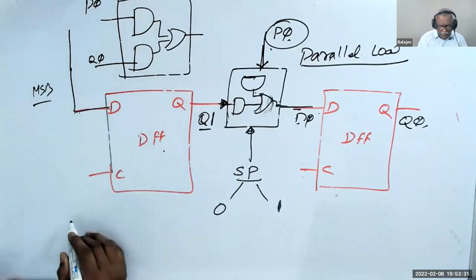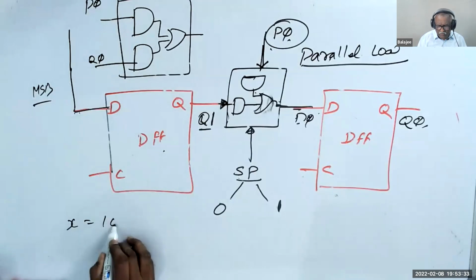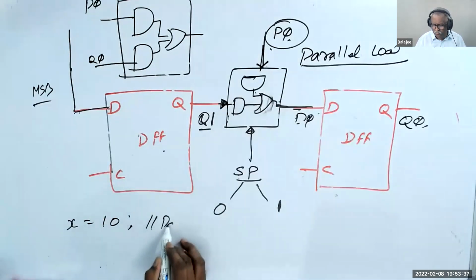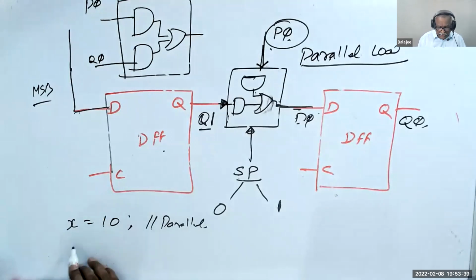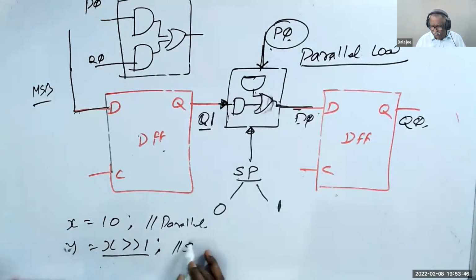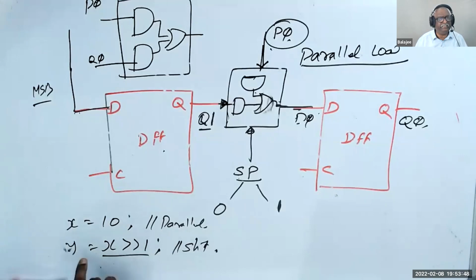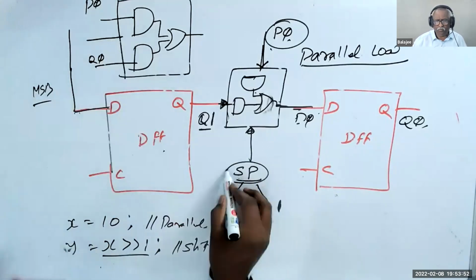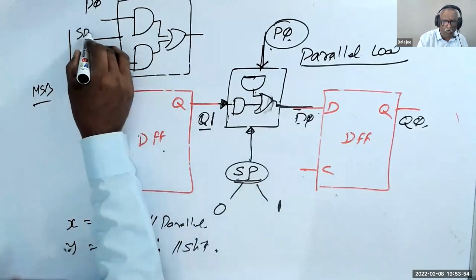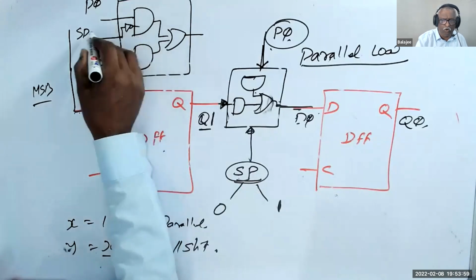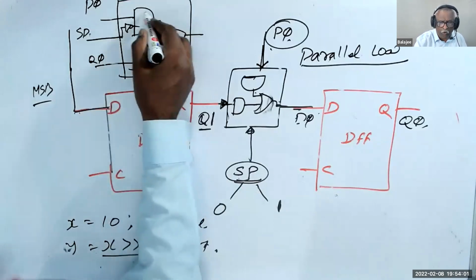If you write a program, X is equal to 10, that time 10 should come here. This is called parallel load. Now you say Y is equal to X, right shift by 1. This is called shift. When I do the second operation, I have an input called SP. When SP is 0, there's an inverter, so P0 goes here.